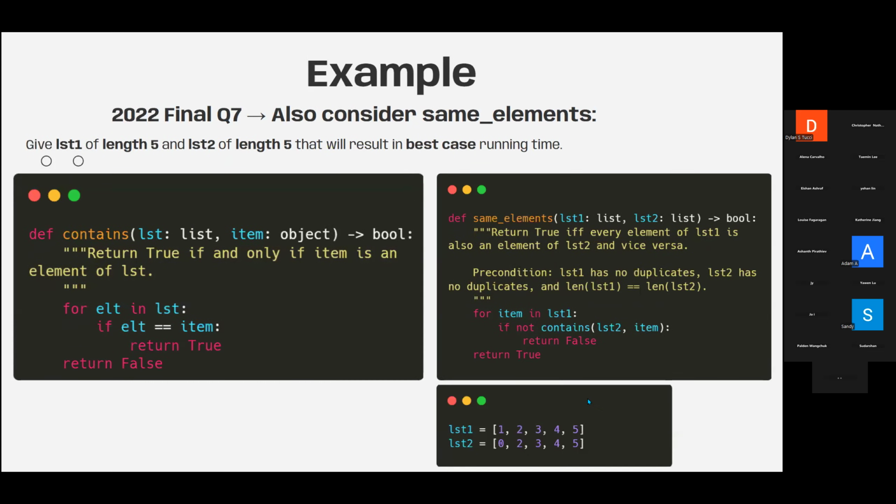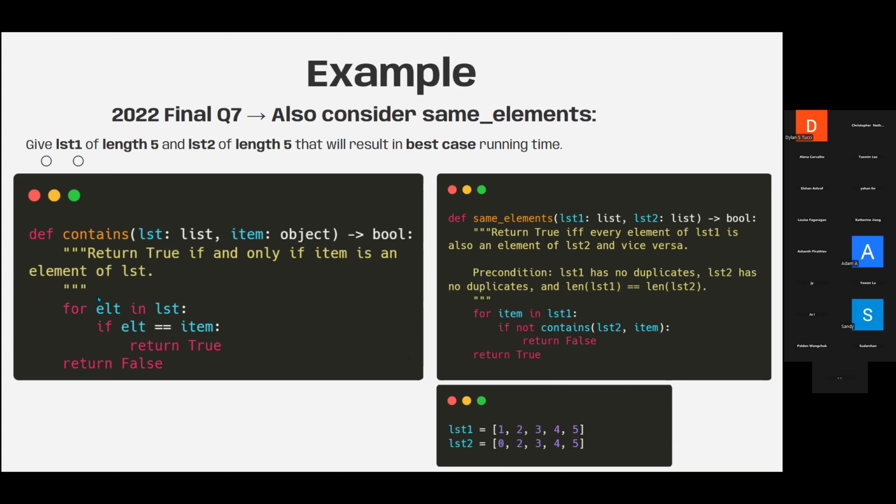Okay. So when you're considering the best case for running same elements, like I said, you want to do the least amount of work, so the least amount of comparisons. In our example, we have a list 1, 2, 3, 4, 5. And notice how the first element is not in the second list. When we run this code with list 1 and list 2, we take the first element in list 1 and run the contains function.